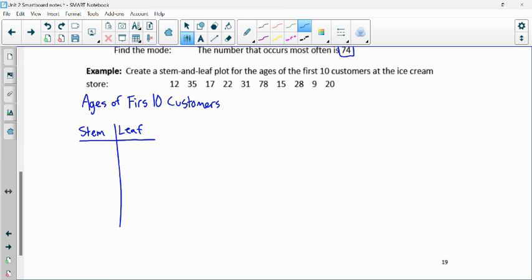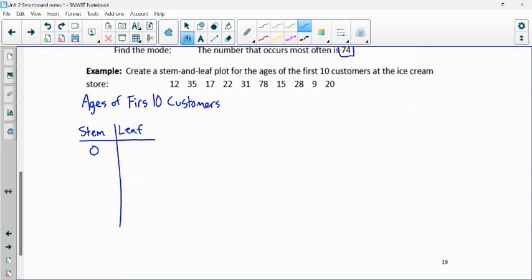Okay, so what is the smallest number on here? 9. So what is the stem when we have a 9? What number is really in front of that 9? It's the tens place. A 0. So I need a stem of 0.